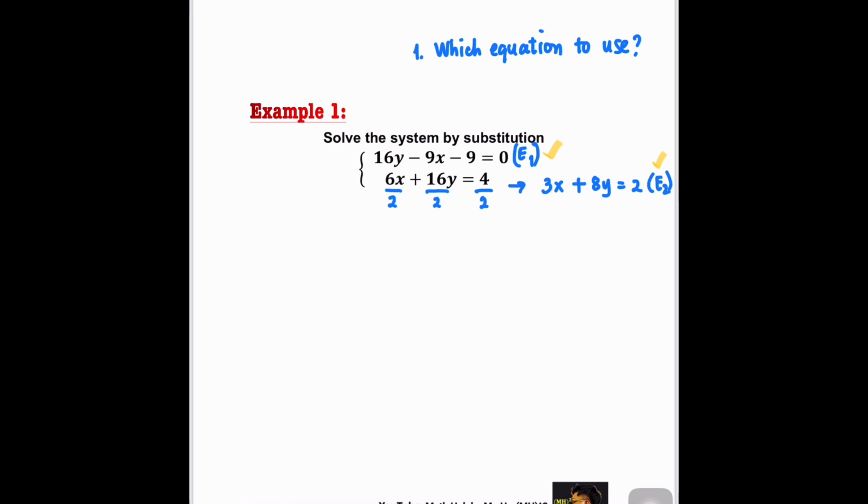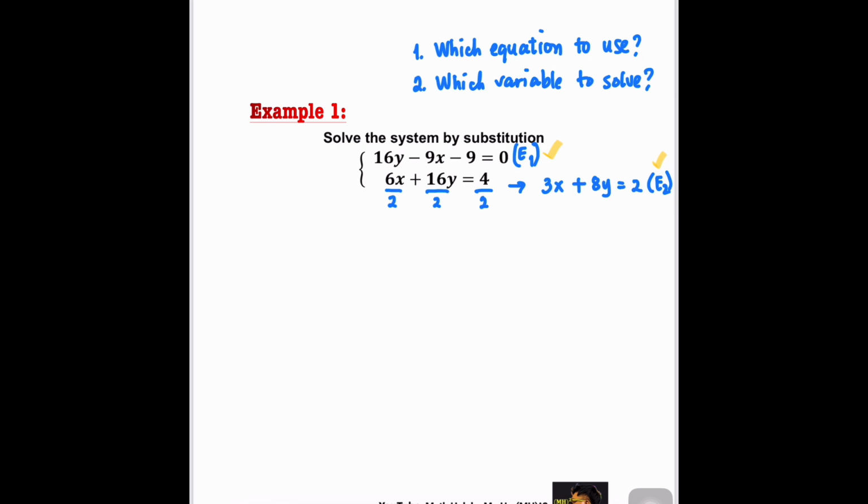The second thing, after choosing the equation, is to decide which variable you are going to solve for first. We only have two variables here, x and y. So you decide if you want to go for x first or y first from the equation that you picked in step 1. Those are the two major steps that I need you to take note of, but sometimes there are minor steps in between that you may deal with.